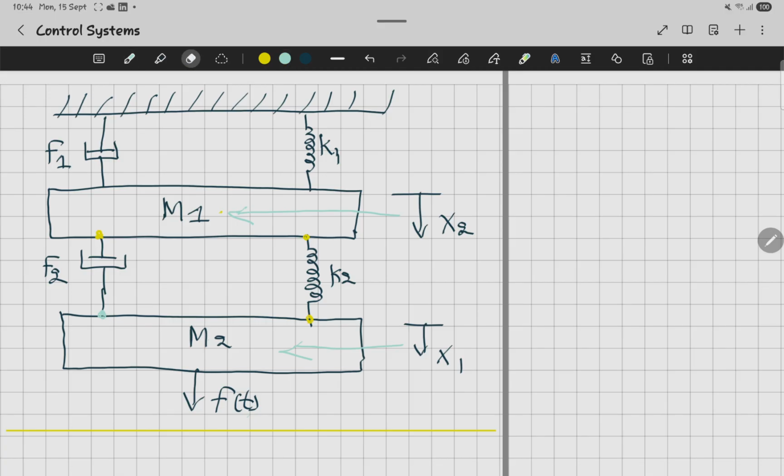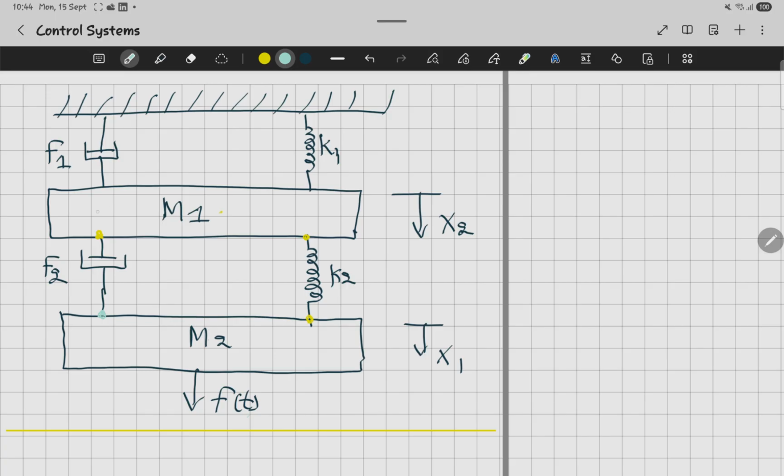So what you're going to do is specify the component in between. In between m1 and m2 we have f2 and k2.